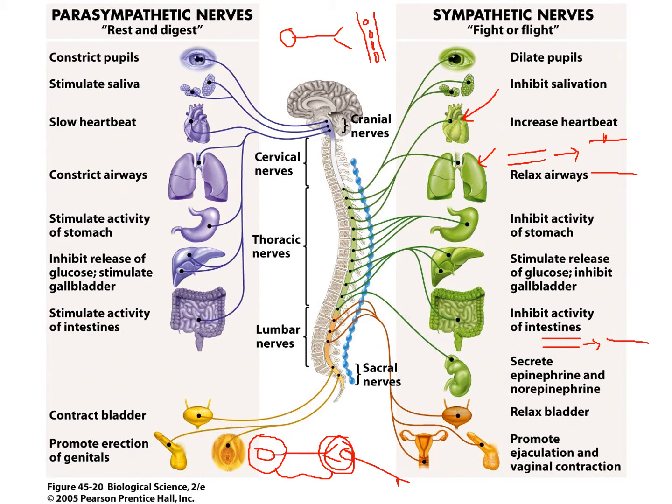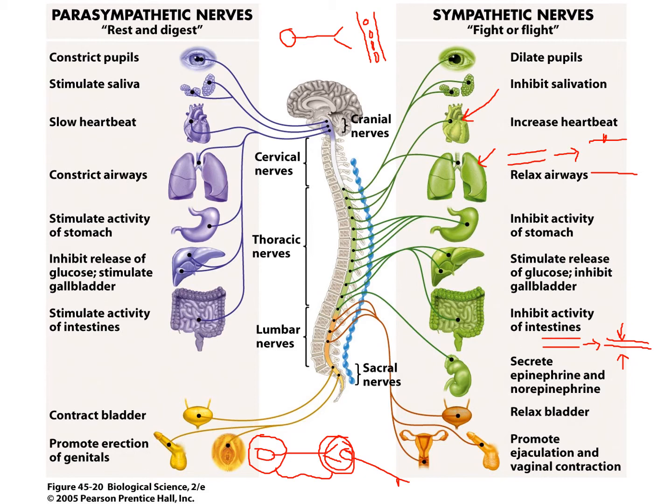It's going to cause vasoconstriction. So we have the vasoconstriction here because we don't need our blood going to the intestines when we're fighting or flighting. We need the blood to go to the muscles, to the heart, to the lungs.